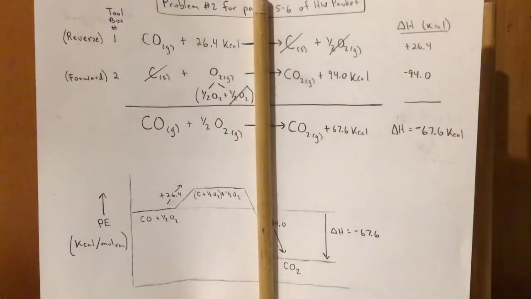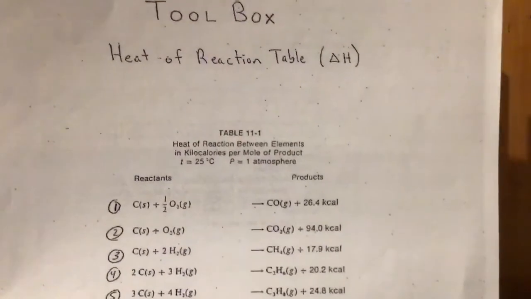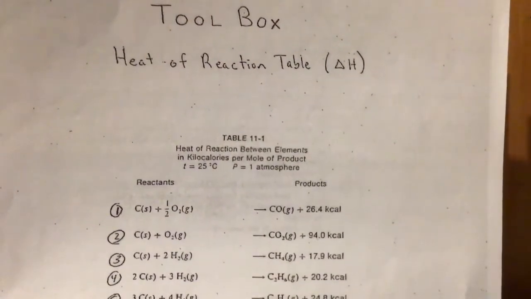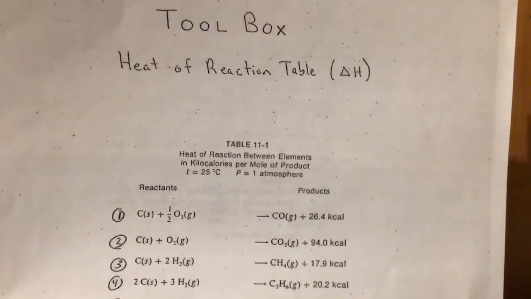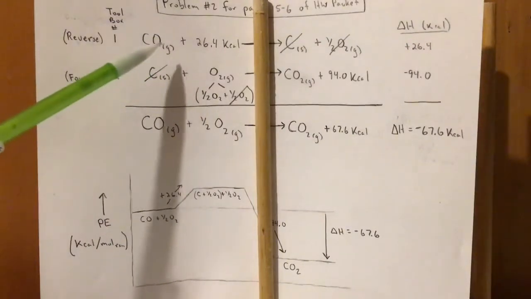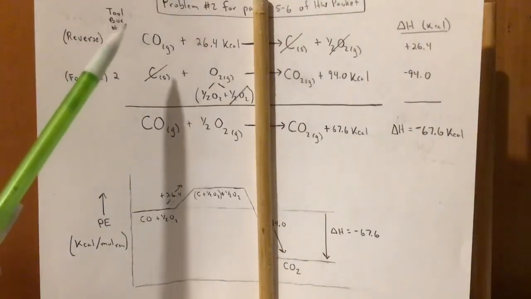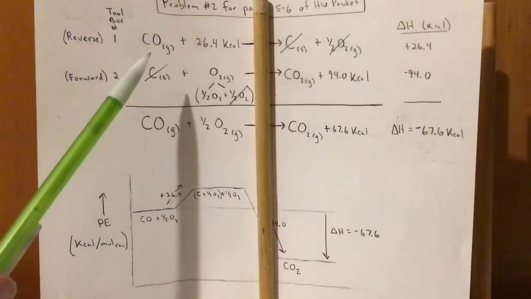So back to equation number 1, I'm going to put the CO and the 26.4 on the left, and the C and the 1/2 O2 on the right. And the rationale is, if it releases 26.4 kcals in forming CO, it's going to absorb 26.4 kcals when combined with CO. So again, if you reverse a reaction, the energy is just going to be on the opposite side.